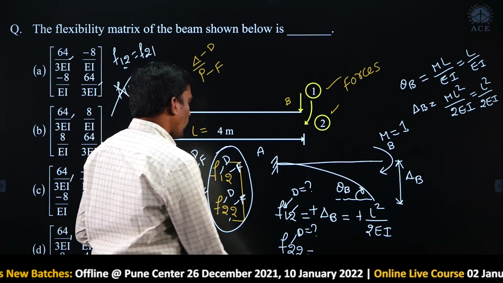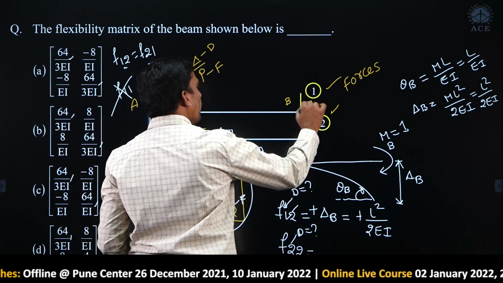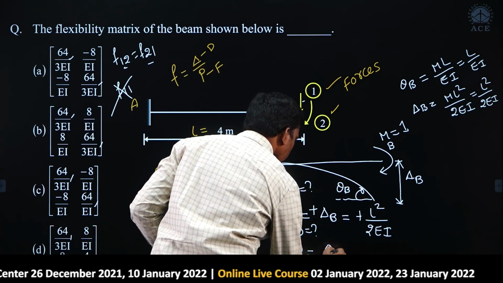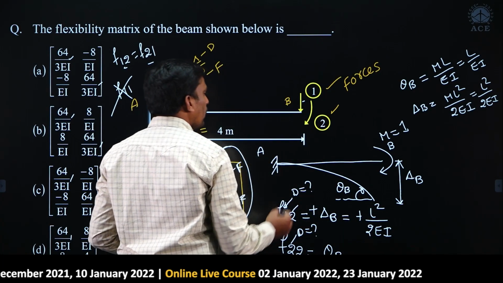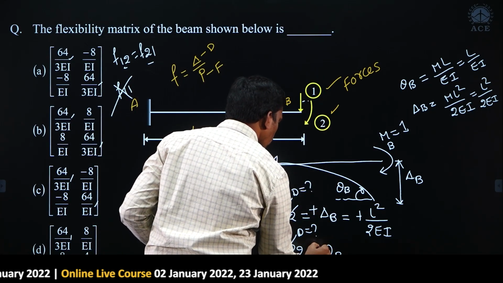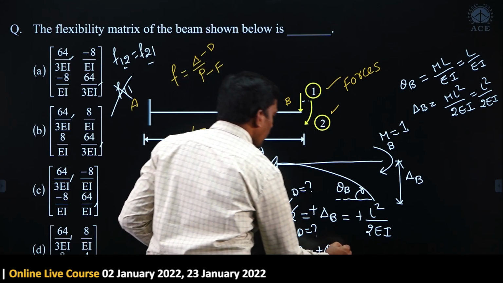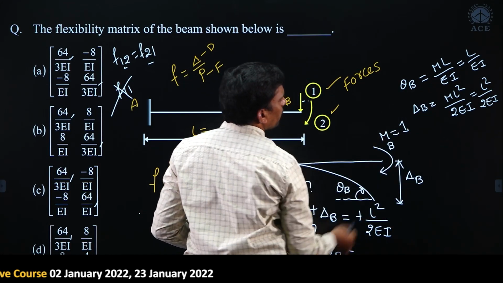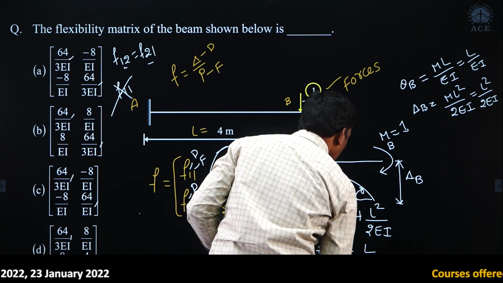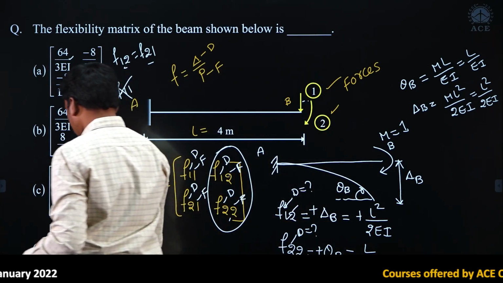Then what is coordinate 2? Moment at B, so slope at B. Sign convention: the moment is given clockwise, rotation also clockwise, both in the same direction, positive. So, what is the slope at B please? L by EI, right?